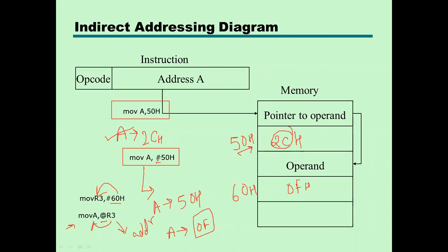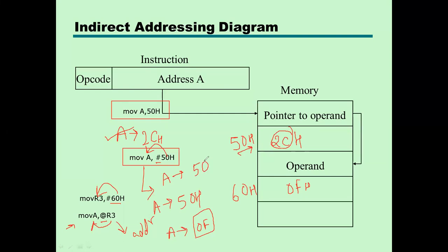Here we have to use a hash as per the syntax of the microcontroller instruction set, and then write 50. The hash means that whatever number comes after it is the 8-bit data directly to be copied into the accumulator. So after the execution of this instruction, the direct number 50 will be copied inside the accumulator.